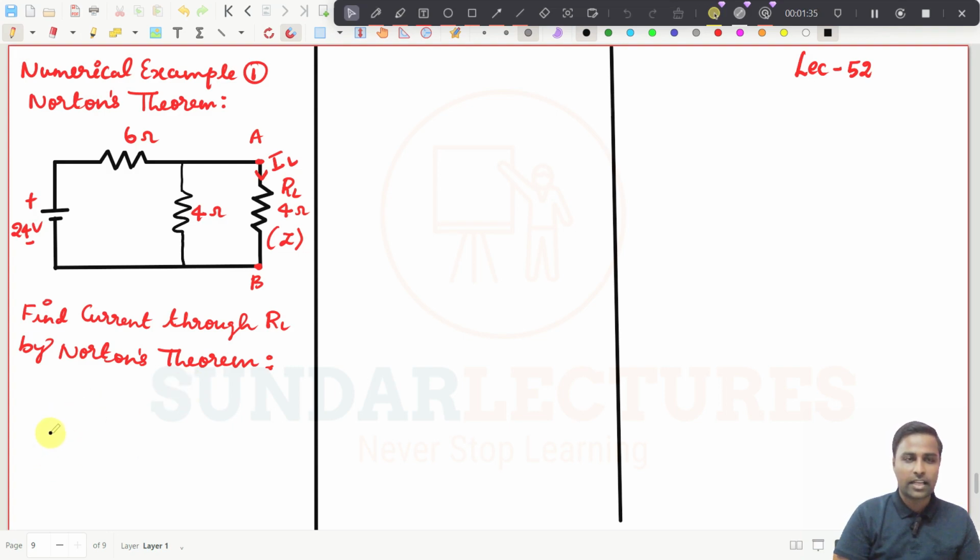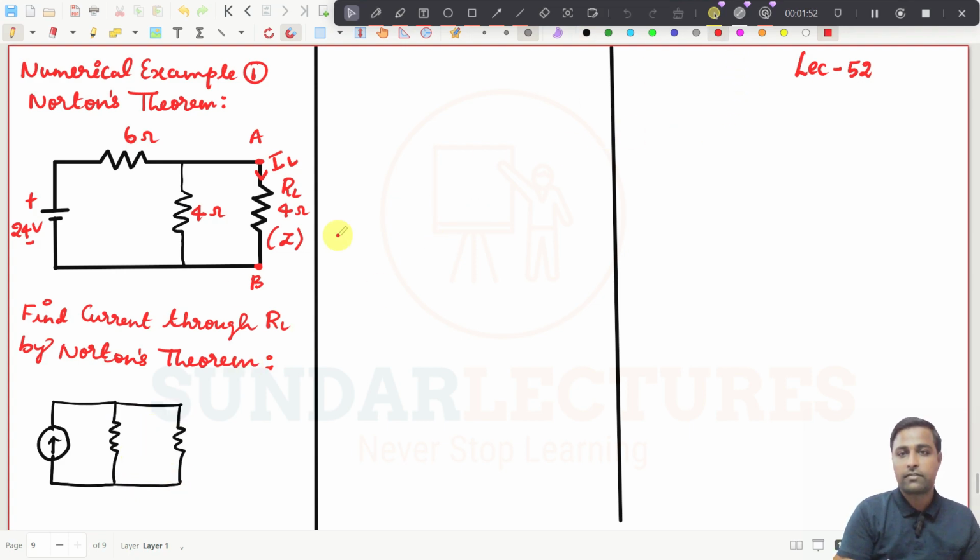It will be ISC connected across a resistor or impedance, that is ZTH, and this will be Z. This should be IL, the current through the resistor, and this value is given here: 4 ohms.